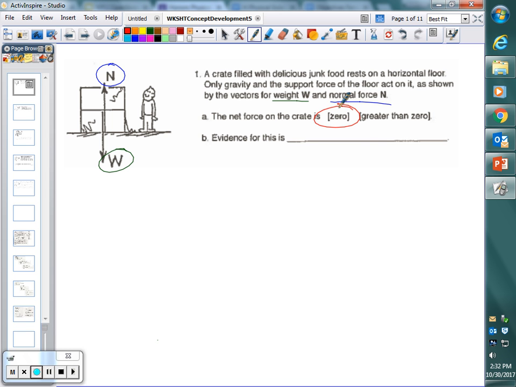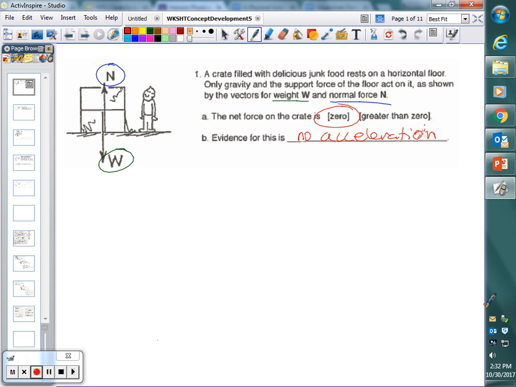It's at rest. It's not accelerating, right? An object that is motionless is not accelerating. So if we're going to say that the net force is 0, our evidence for that is that there is no acceleration. Good with that?